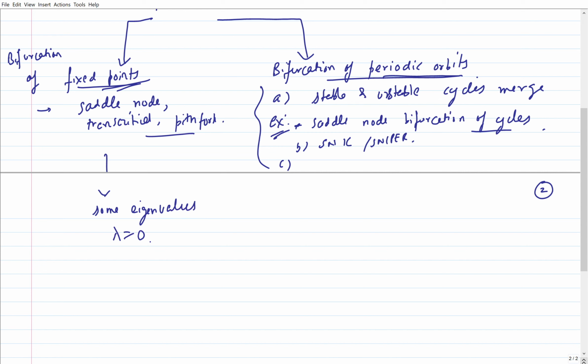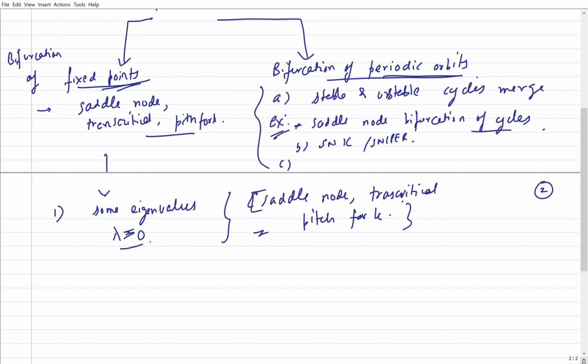As the eigenvalues journey from less than 0 to greater than 0 or equal to 0, we had the saddle node, transcritical, pitchfork bifurcations. New fixed points were created, and so on. It can also be about a pair of eigenvalues.